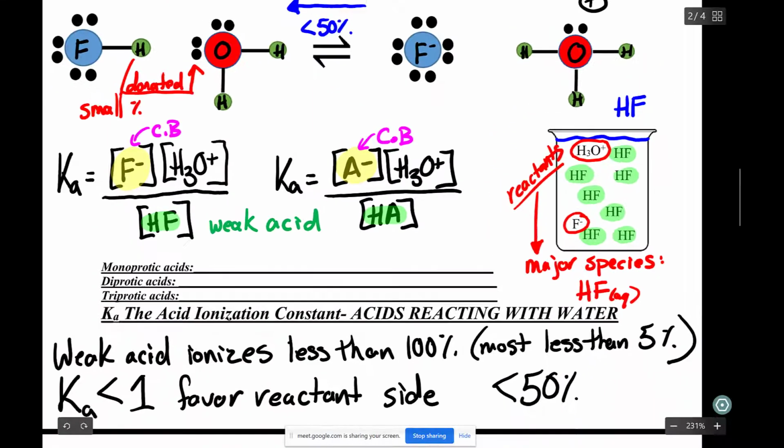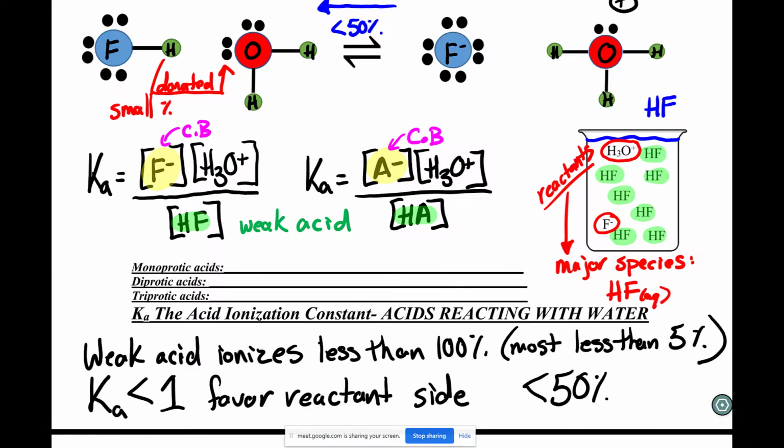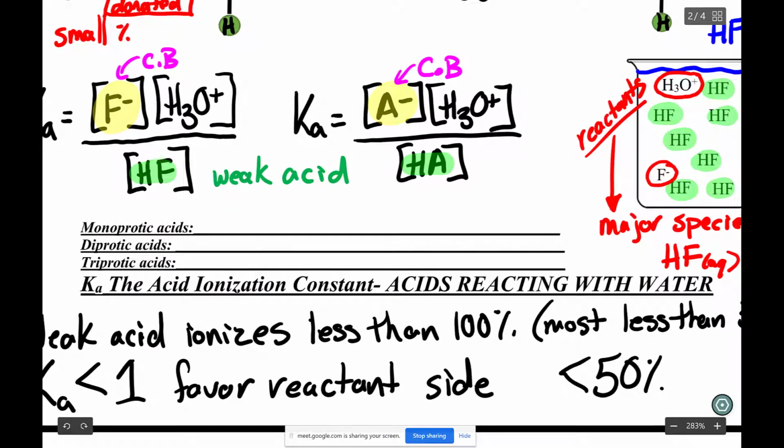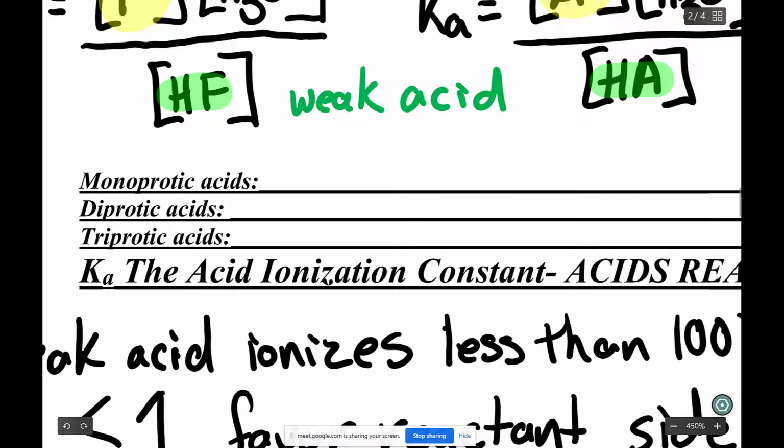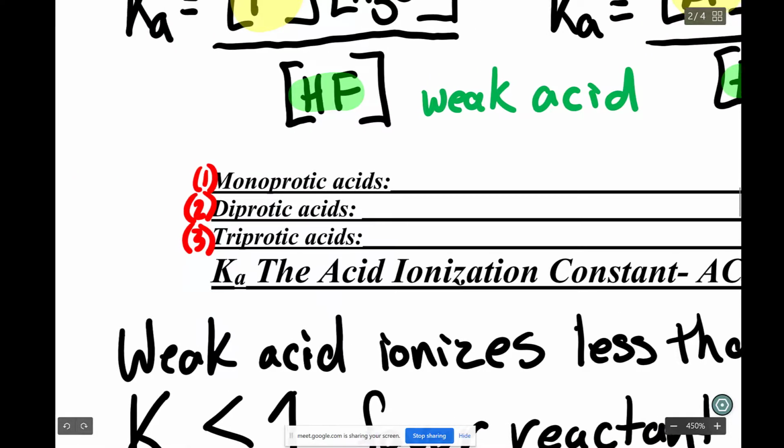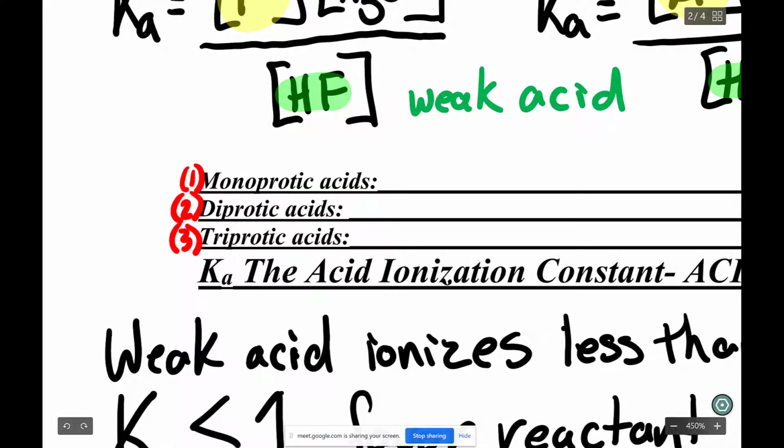Now, some terms you should also know from previous chemistry courses are the terms monoprotic acids, diprotic acids, and triprotic acids. Protic just tells you the number of hydrogens, mono meaning 1, di meaning 2, and tri, of course, meaning 3. However, we often just lump diprotic and triprotic together into one single term. So the term that's used for diprotic and triprotic most often is called polyprotic.